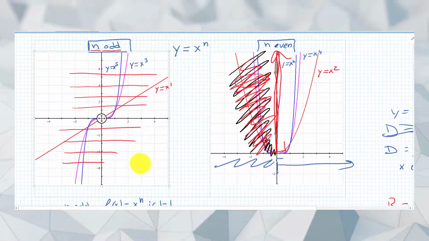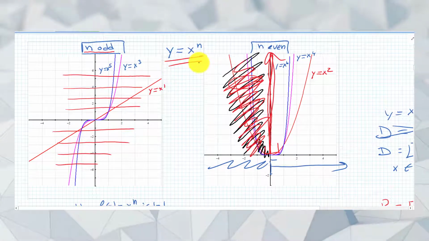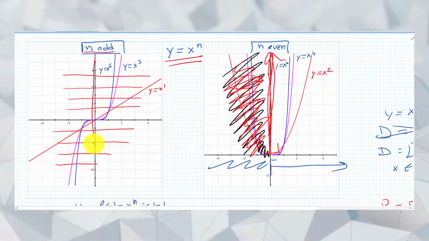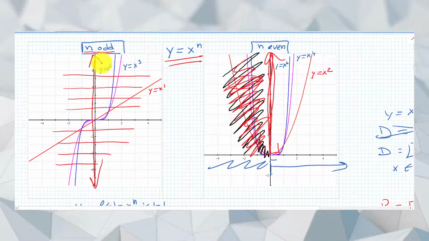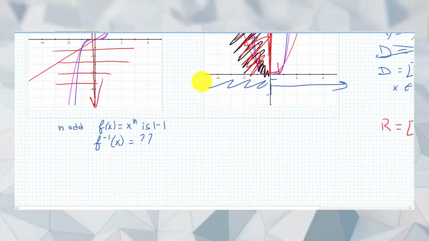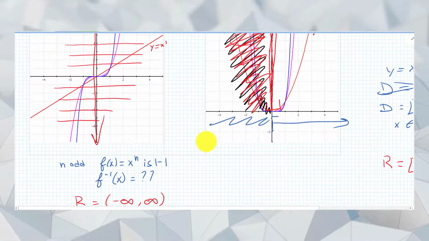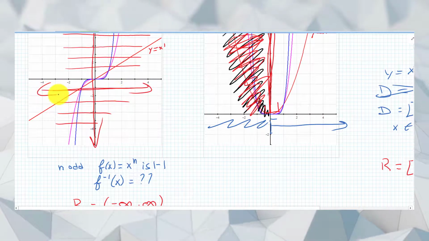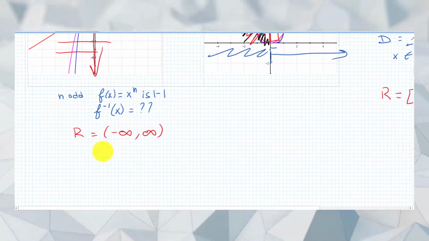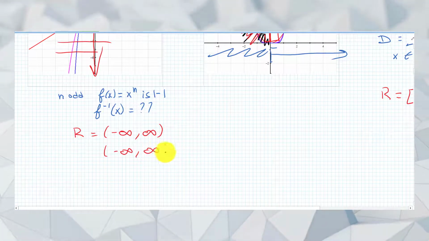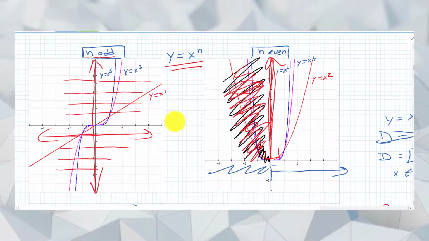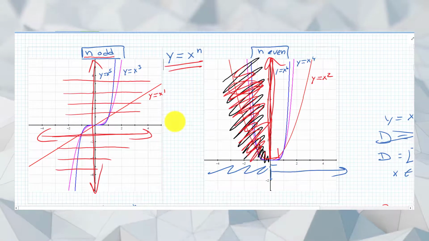While for an odd monomial, you can see that the range is the entire set of real numbers. So right here, the range is negative infinity, infinity, just like the domain. These are all defined over negative infinity, infinity, and they're all one-to-one for n odd. So now let's look at two statements.